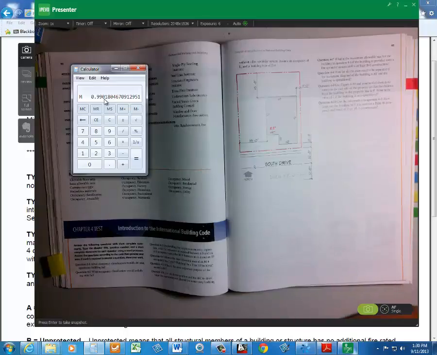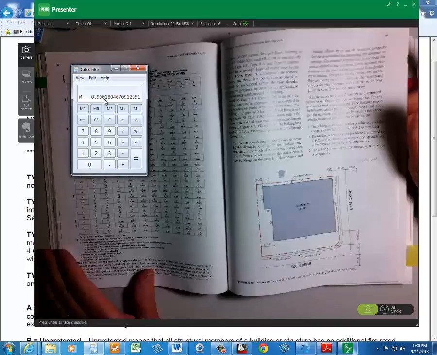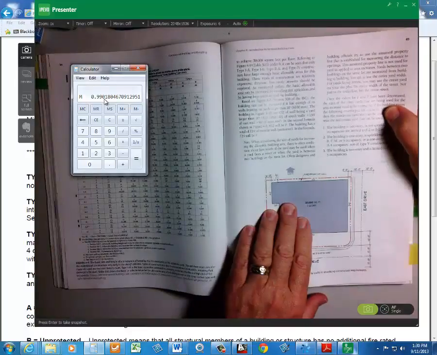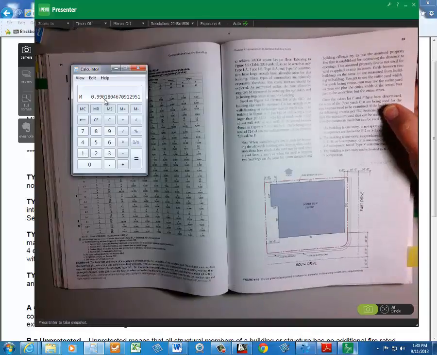In 4.8, how far do the exits need to be separated? 4.9, use figure 410, and assume there is no street on the east side of the property, so the distance from the building to the property line is 8 feet. So that's on 410. You have to work with this, and that's all detailed for you in the description.